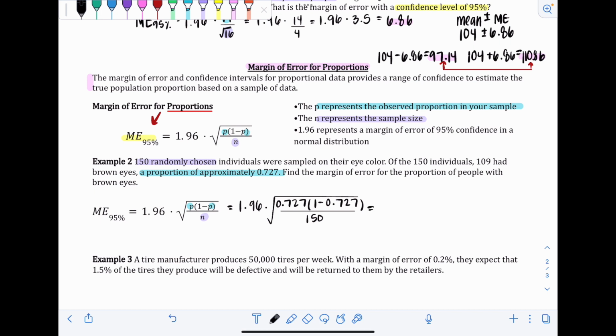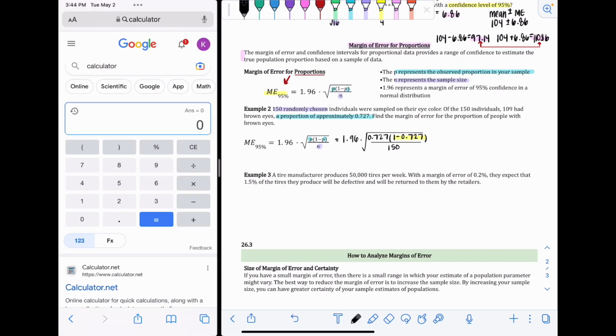Then we'll subtract inside the parentheses first, so we'll find 1 minus 0.727. That ends up being 0.273. So for our next line, it'll be 1.96 times the square root of 0.727 times 0.273, over 150.